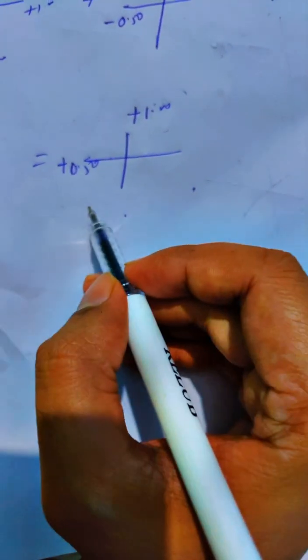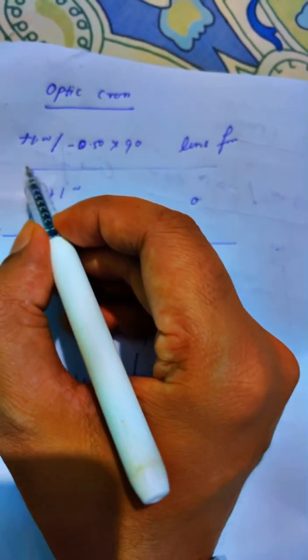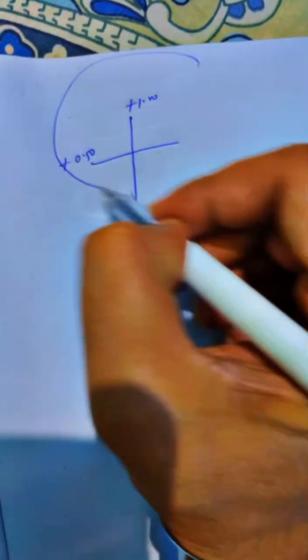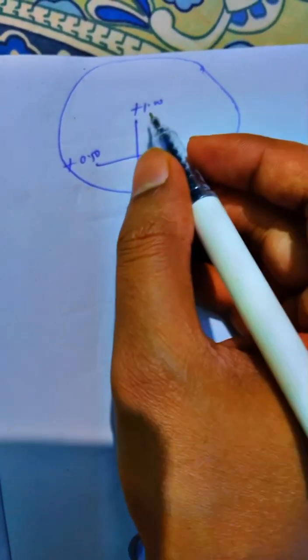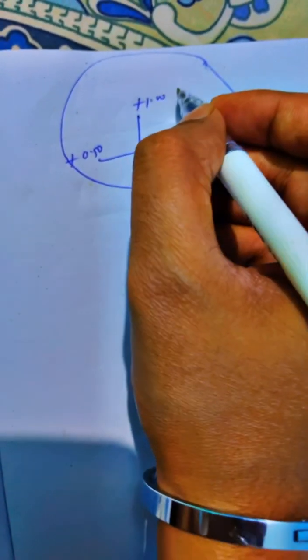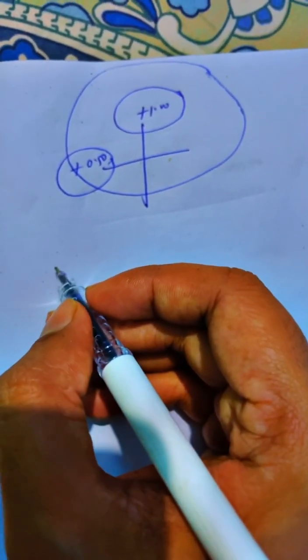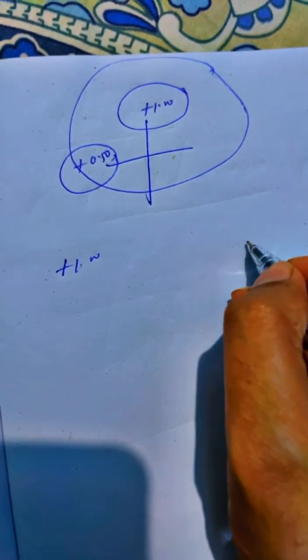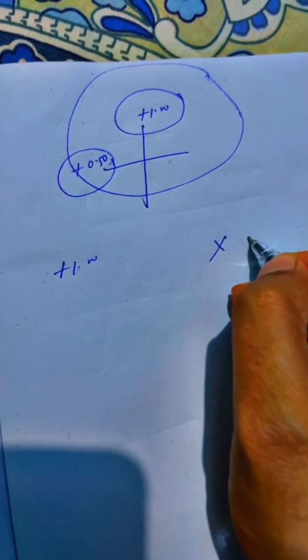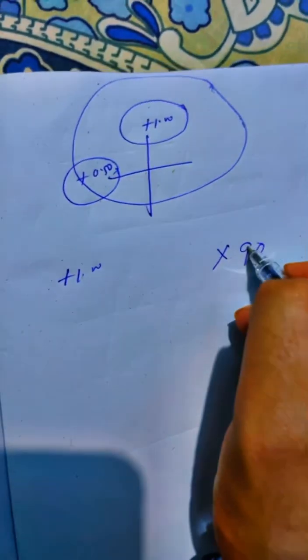But we don't prescribe a spectacle like this. We prescribe a spectacle with lens form, right? So this is a meridian form. Let's make a lens form out of this. I can take any power as the spherical; I have to assume. So I am taking plus 1 as a sphere. So my cylindrical axis will be at 90 because the plus 1 is at 90.